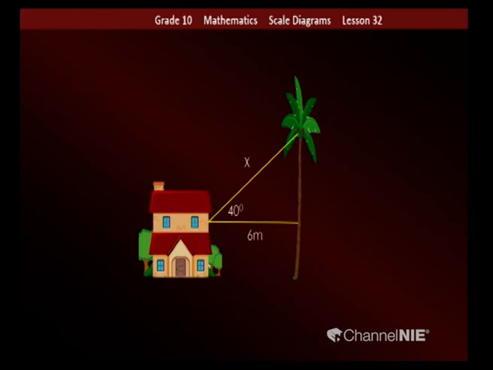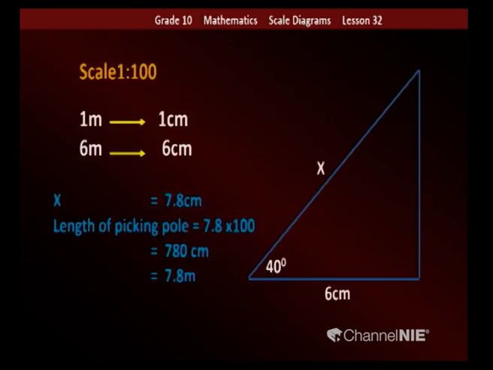What you have to do is find the length of x here. X is the length of the picking pole. If you want to pick a coconut, you have to use that length. Otherwise, it is impossible. So, we'll see. We have to draw a scale diagram. Then we can find a picking pole. We'll see.